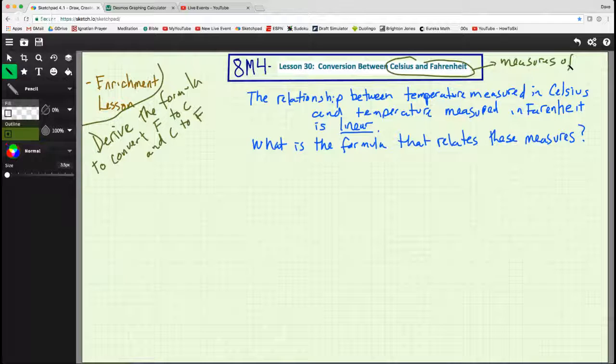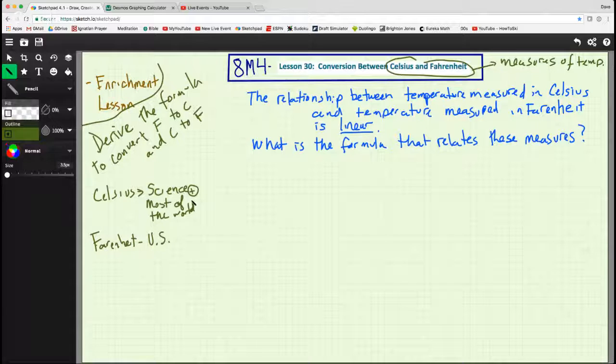The Celsius scale is often used in science, and it's also used in most of the world. Fahrenheit is used in the US.